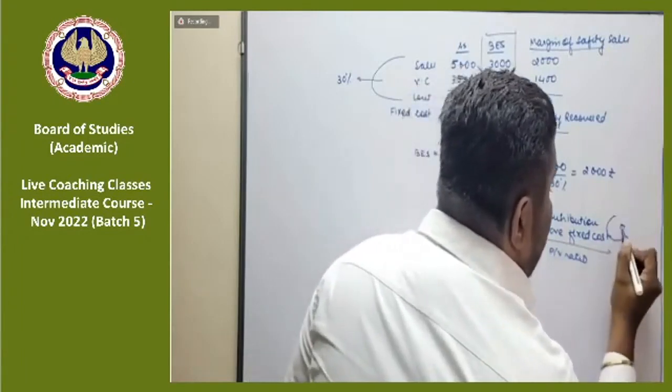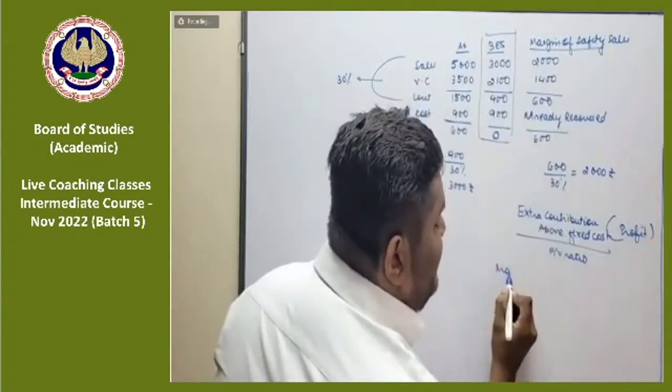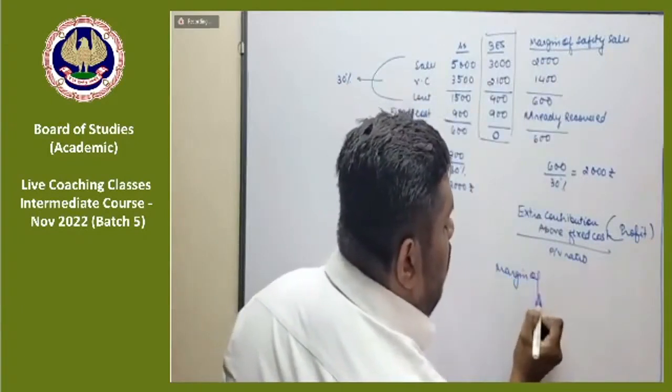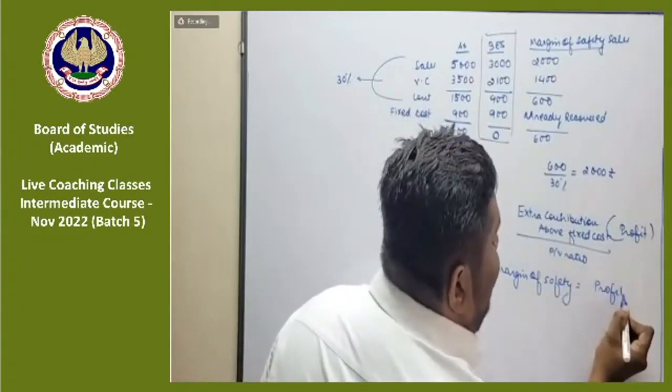So that extra contribution is what? Profit. So the formula for margin of safety sales can be profit divided by PV ratio.